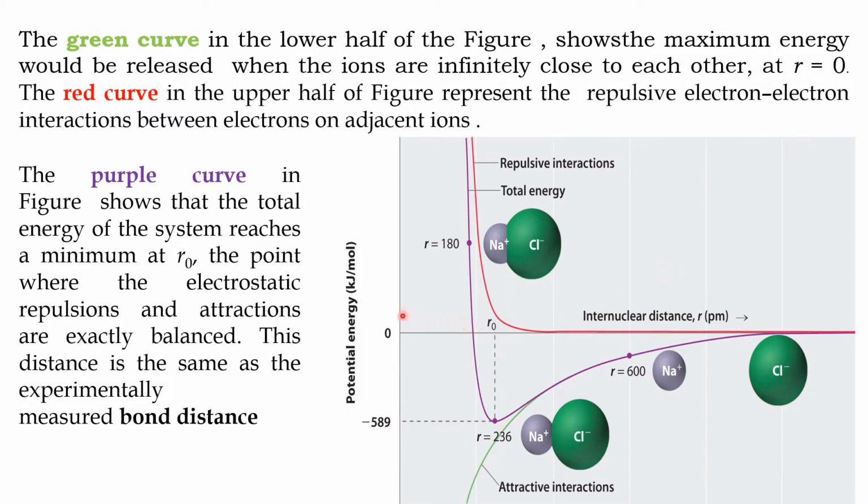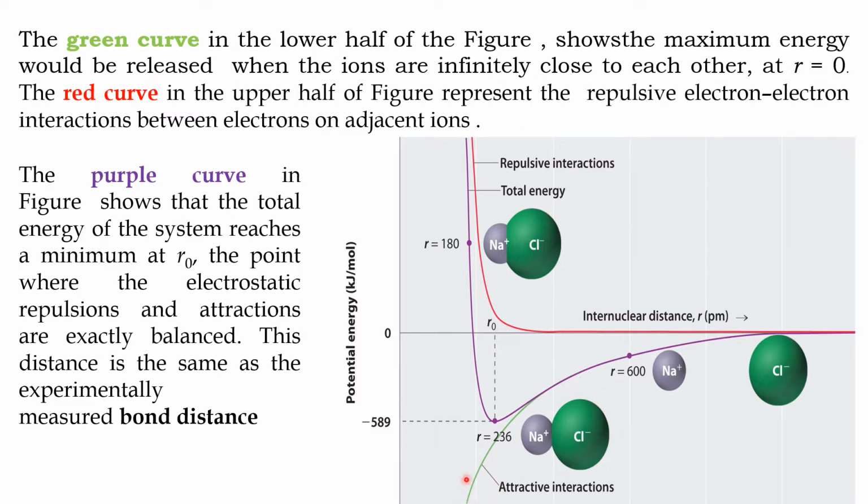So we are plotting a graph of potential energy against the bond distance. Here we have a green curve down below, and this green curve in the lower half shows that the maximum energy would be released when ions are infinitely close to each other. That means this is the attractive interaction between the electrons of the sodium ion and the nucleus of the chloride ion, and the electrons of the chloride ion and the nucleus of the sodium ion.